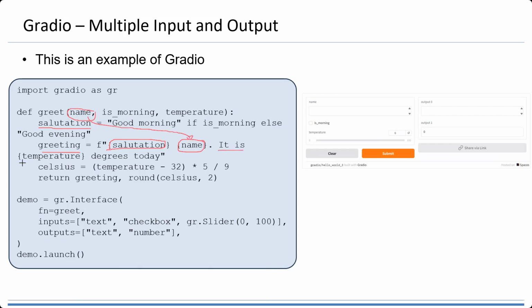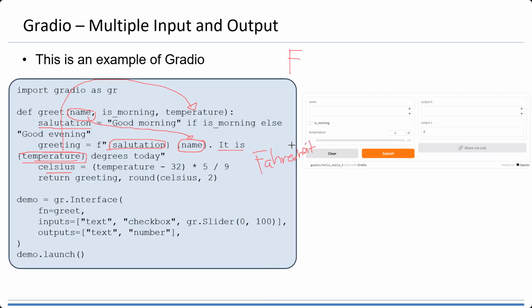Then the temperature. The temperature means the variable here. Let's say the temperature is in Fahrenheit. In the world, for the temperature, there are two kinds of measurements.